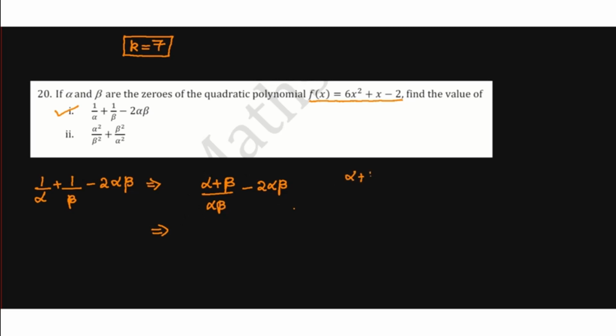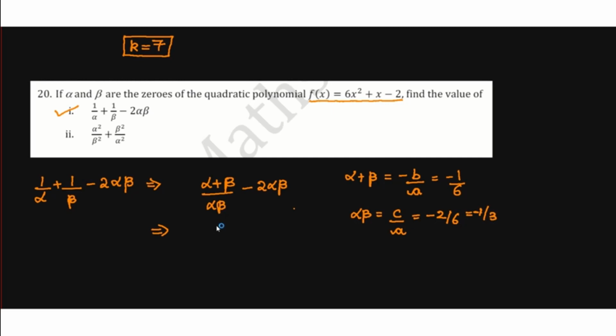Alpha plus beta, which is the sum of the zeros of the polynomial, is always given by minus b by a, which is minus 1 by 6 in this polynomial, and alpha beta is given as c by a, which becomes minus 2 by 6 or minus 1 by 3.